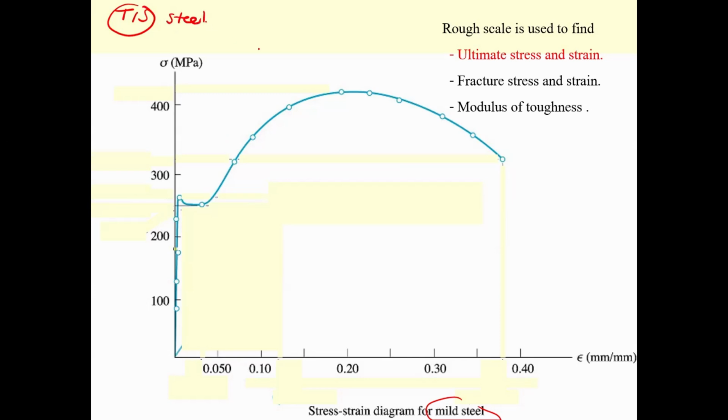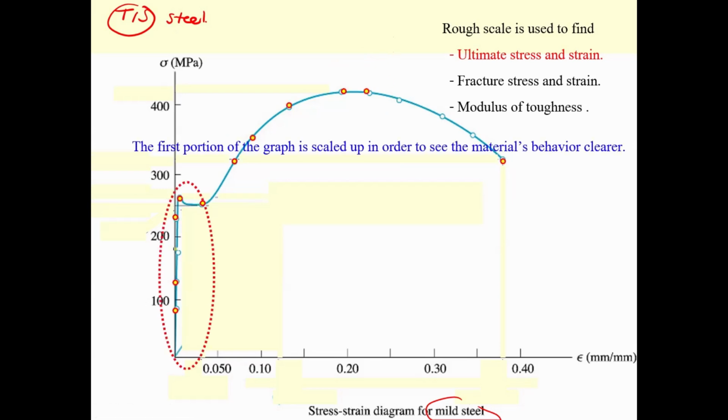And then when you test it, there are supposed to be two types of stress strain diagram. The first one, the linear portion, is going to be very close to the vertical axis.